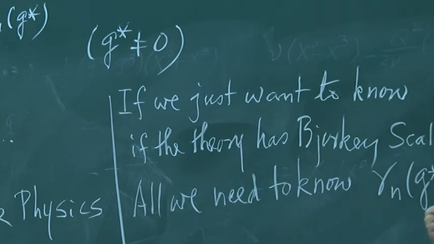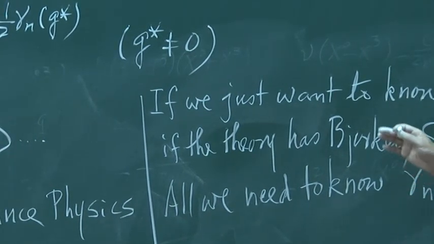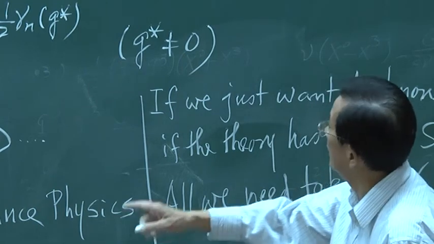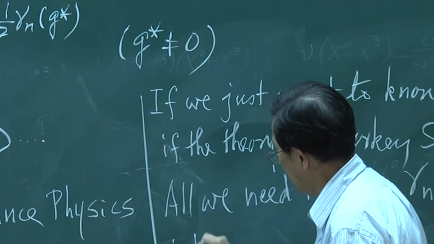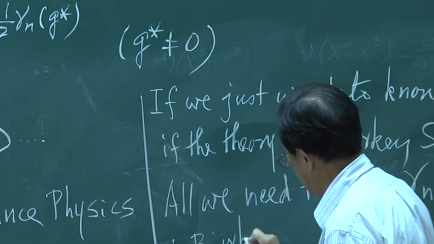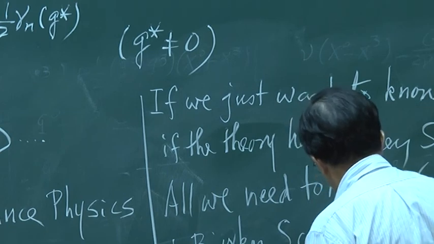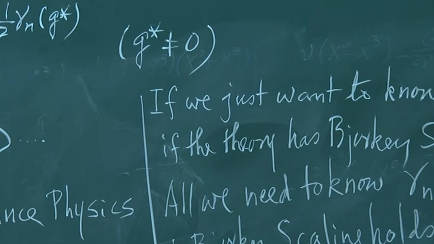So just focus your attention on this particular object to investigate whether the theory has Bjorken scaling or not. And that's the anomalous dimension, okay? And as you can see here, if Bjorken scaling holds, then all the anomalous dimensions must vanish.